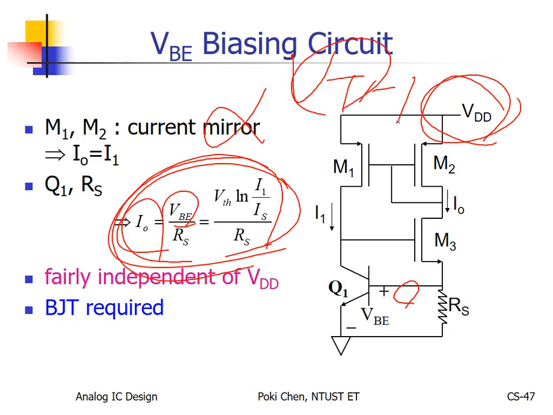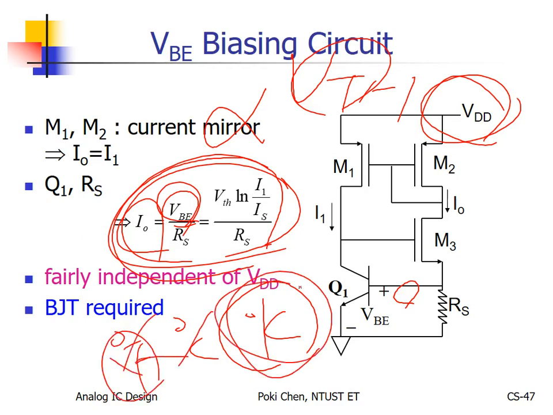Thermal voltage means the magnitude is directly proportional to your temperature, in absolute temperature, not Celsius or Fahrenheit, I'm talking about Kelvin. So even though it is not supply voltage dependent, it is still temperature dependent.